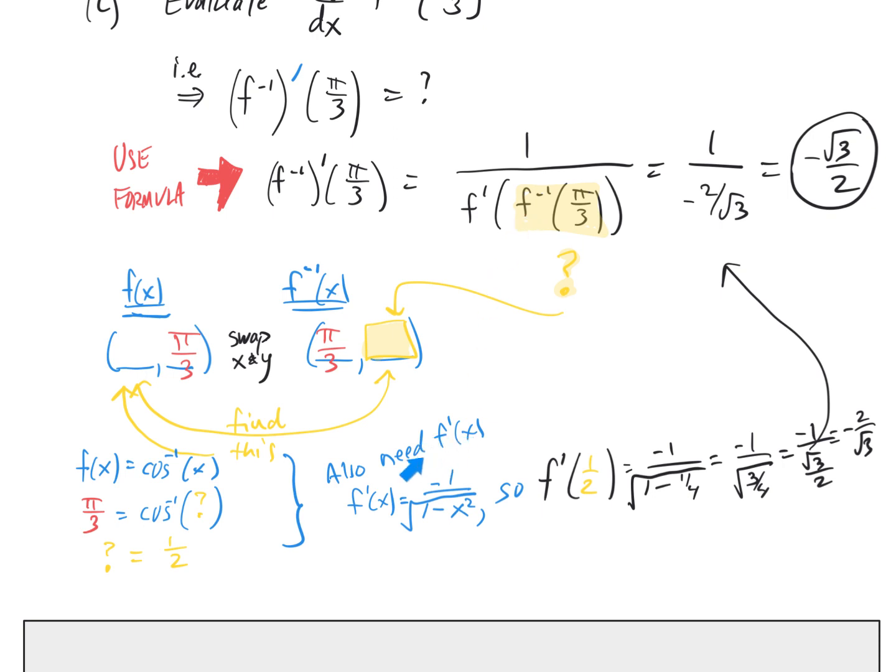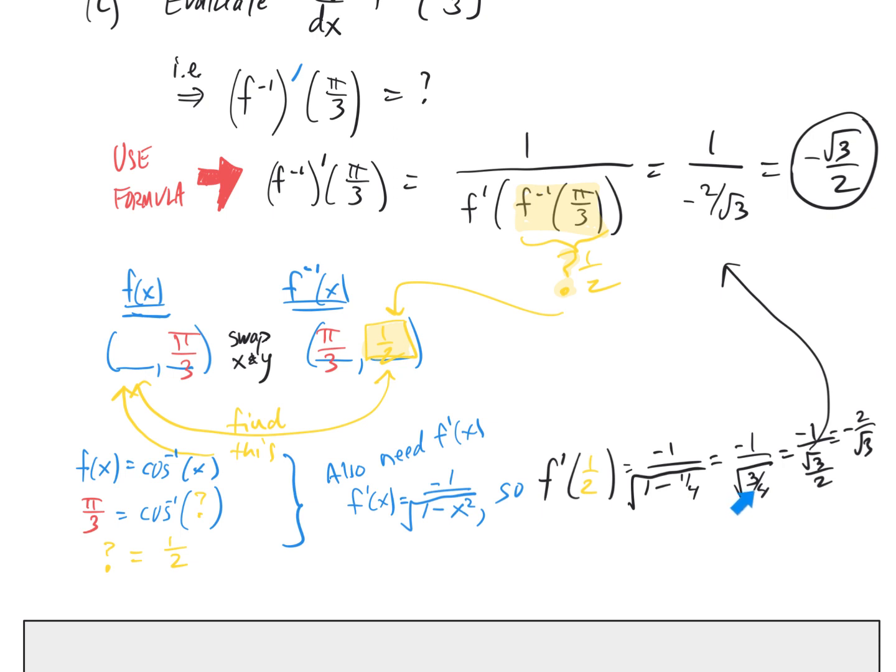So what is f prime? Well, for this one, since it's an arc cosine, the derivative is the formula, -1 over the square root of 1 minus x squared. So our x value is 1/2. That's what we're putting in there. Let me write that down. So we have f prime of 1/2, which is -1 over the square root of 1 minus 1/2 squared, which is 3/4.